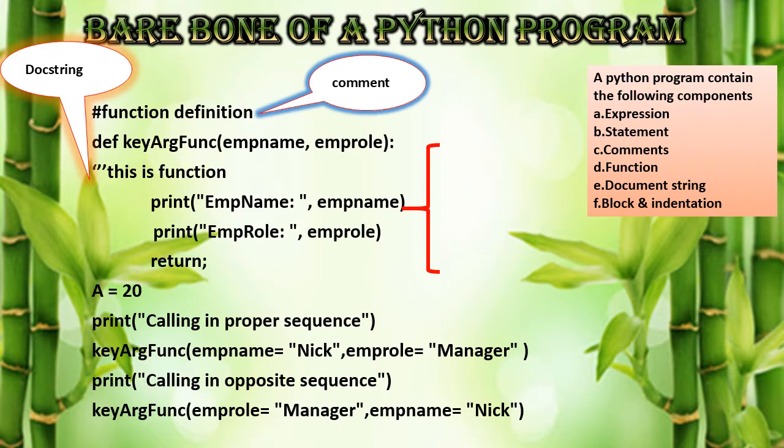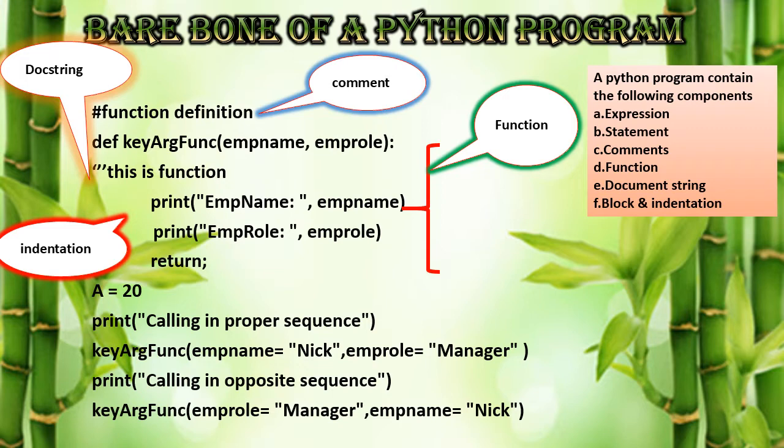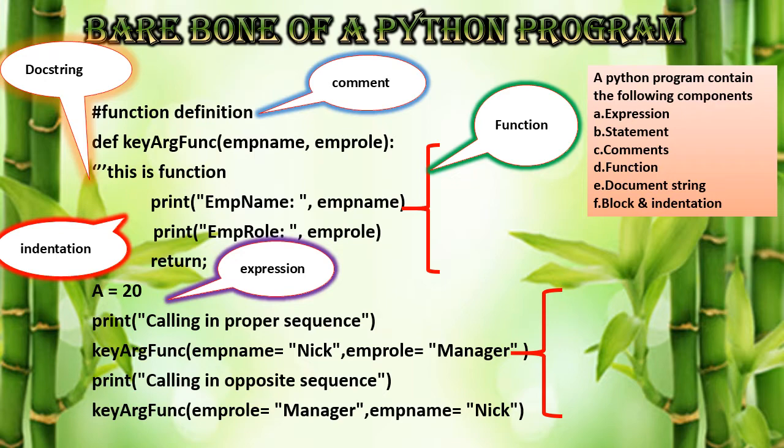The two print statements along with return are the body of the function. Before the statements inside the body of the function, there is a space, called indentation. Assigning the value to a is an expression, and these are all called statements.